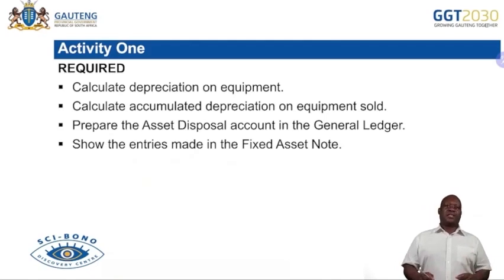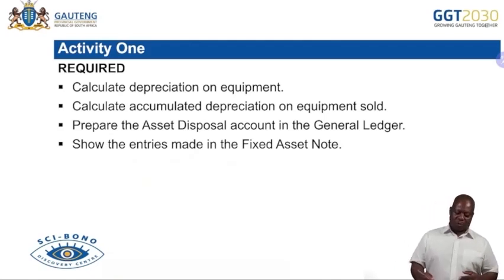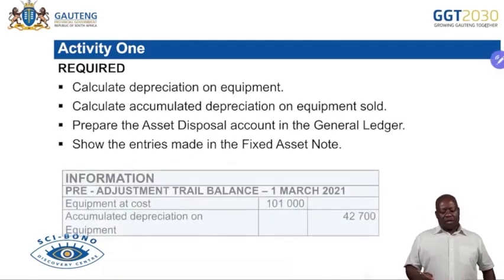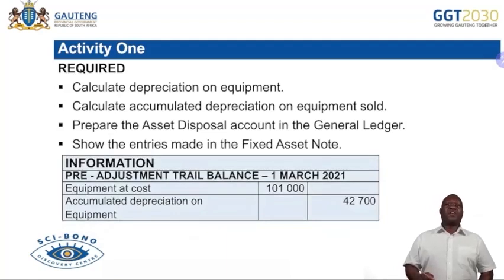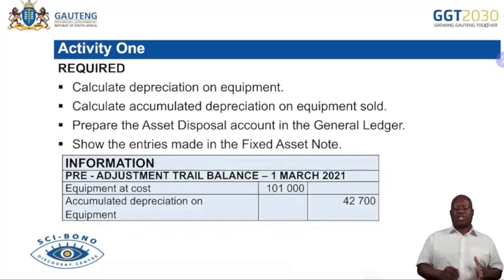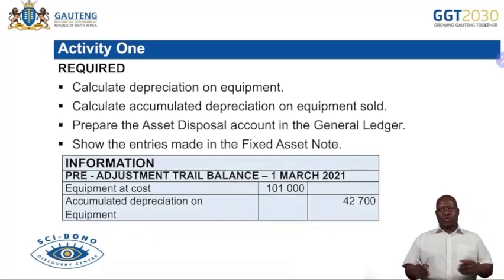So let's get down to it. We need information for us to be in a position to do this. The first piece of information is we are given the pre-adjustment trial balance figures. So these are before any adjustments, and these were when the year started. Remember, our year is starting on 1 March 2021 and ending in 2022 on 28 February.